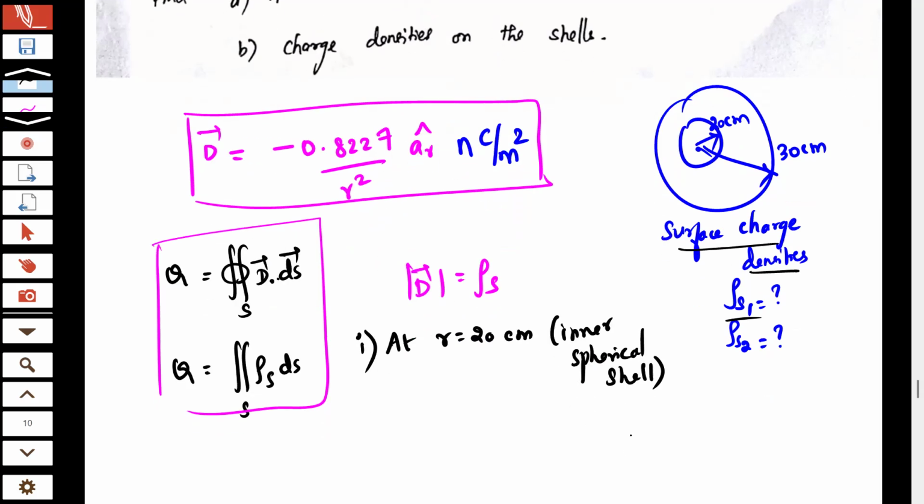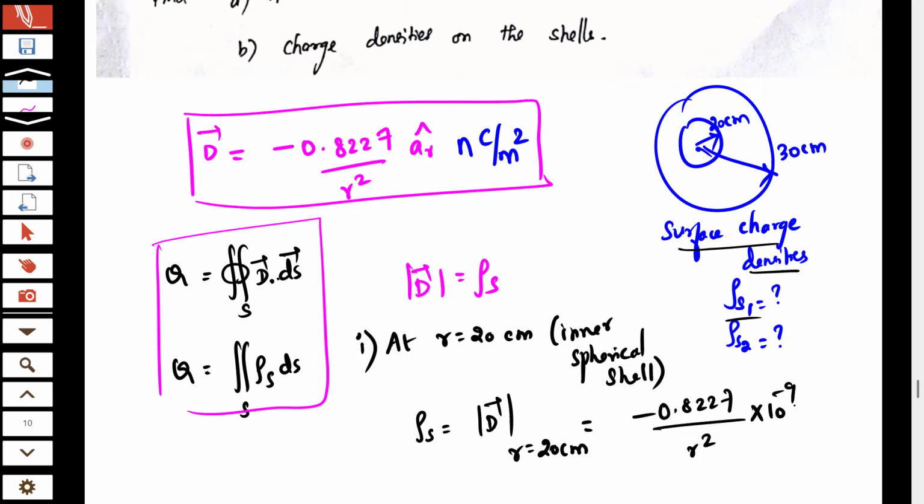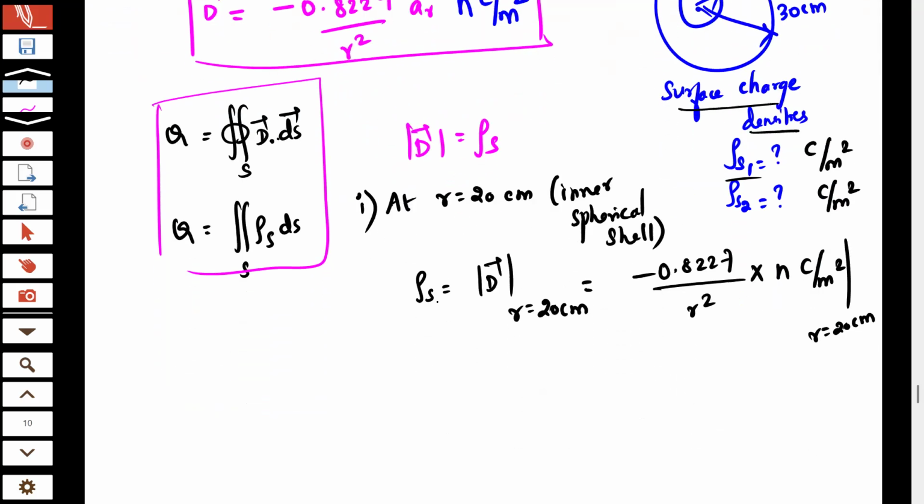For this, we can find the charge density rho S as magnitude of D at R equals 20 centimeter, which is minus 0.8227 divided by r square nano, so nanocoulomb per meter square. We know surface charge density carries the unit coulomb per meter square, charge per unit surface area. We substitute R value as 20 centimeter, thereby we get the surface charge density at the inner shell.